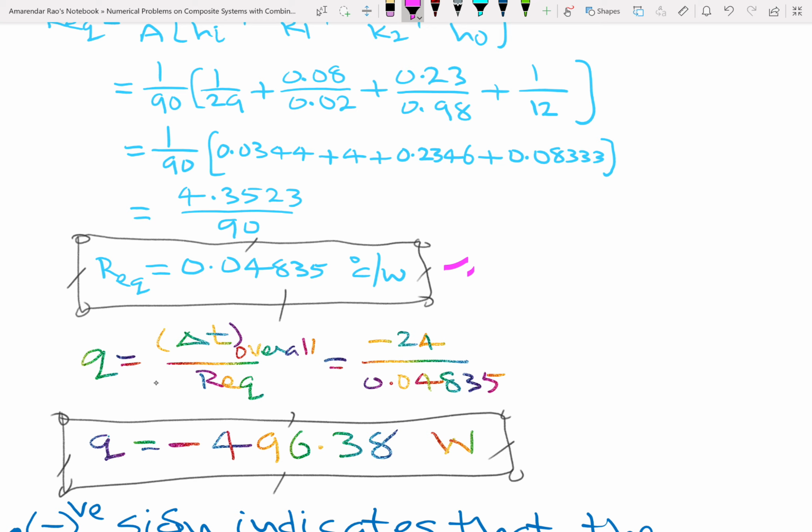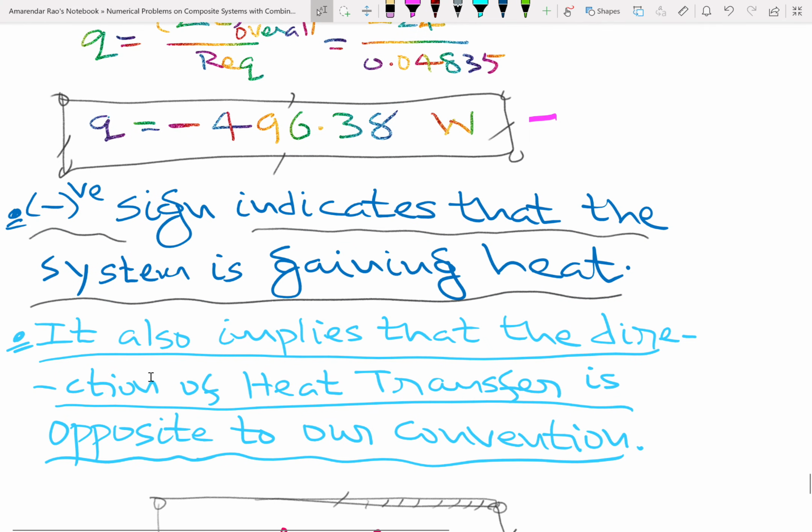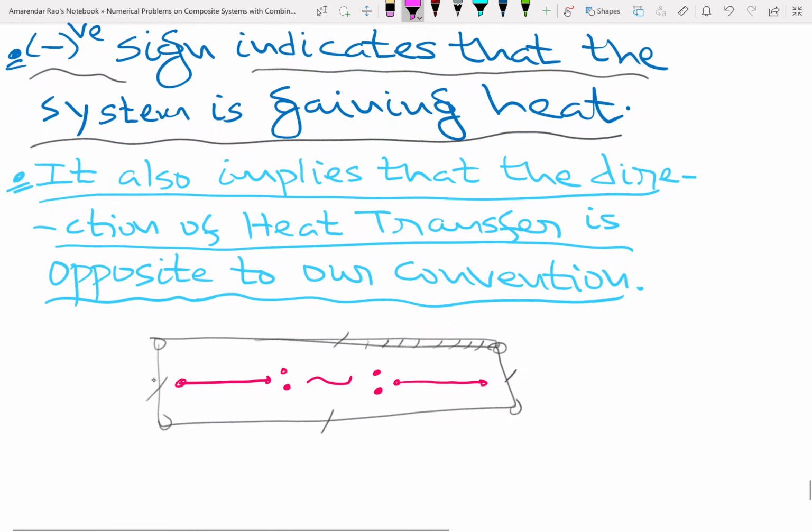Then we know Q is delta T overall by R equivalent. That's -24 by 0.04835, which is minus 496.38, which can be approximated as 497. Then negative sign indicates that the system is gaining heat. It also implies that the direction of heat transfer is opposite to our convention.